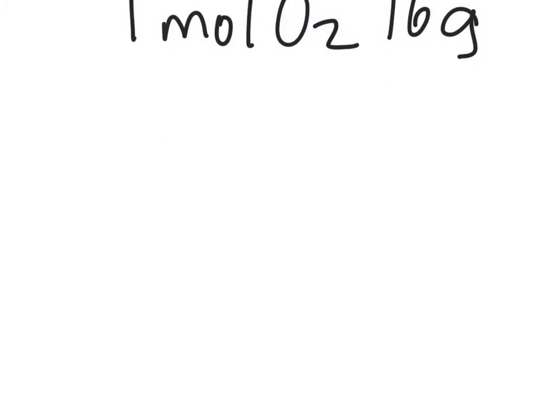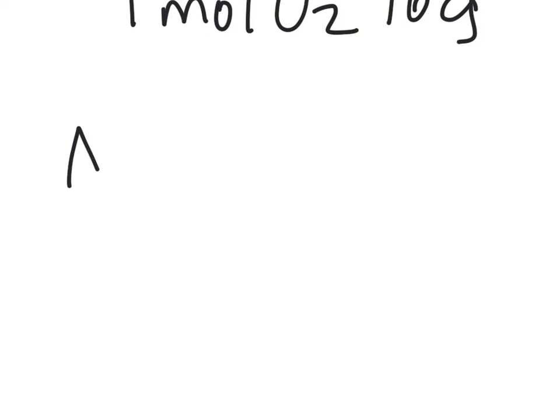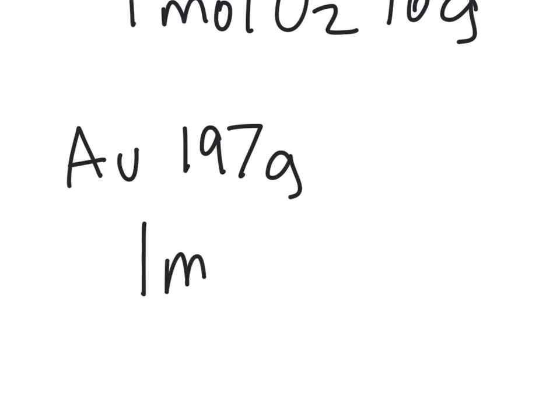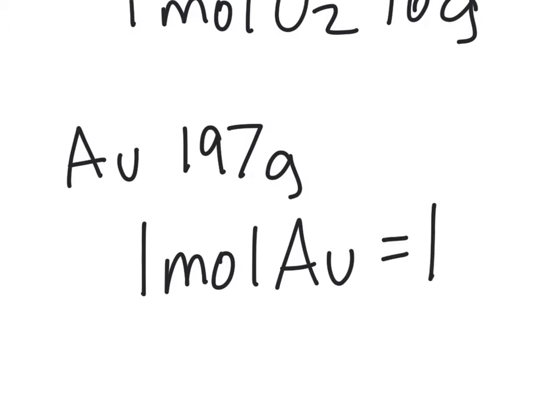In comparison, something like gold, Au, has a mass of 197 grams, so 1 mole of Au has a mass of 197 grams. But regardless of what the mass is, 1 mole of each still contains the same number of atoms, 6.02 times 10 to the 23rd.